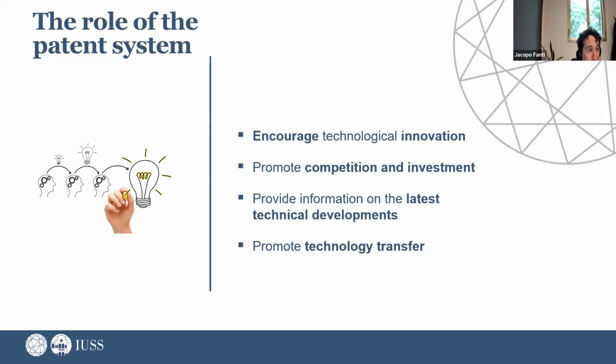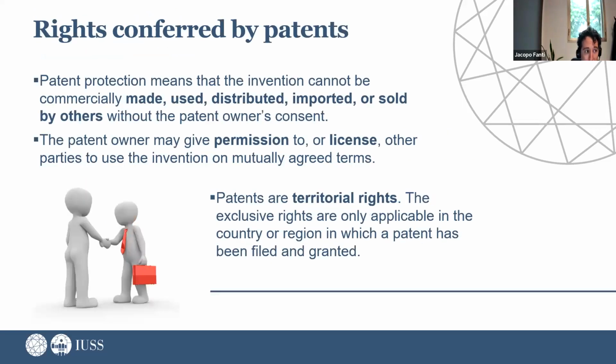So this is the important role of the patent system. Thanks to these rights conferred by the patent, you can make, use, distribute. You already saw this, but I think it's important to have a brief recap around these rights that you can have. And of course, patents are territorial rights. So the exclusive rights are only applicable in the country in which a patent has been filed.